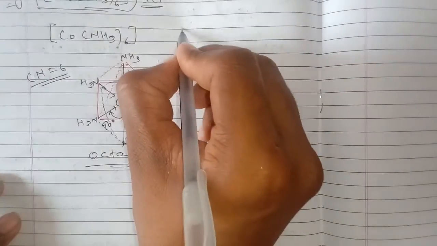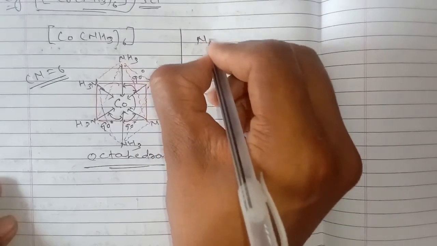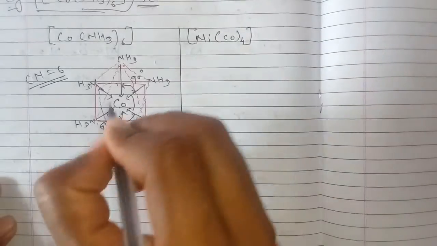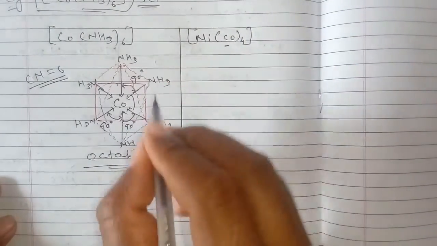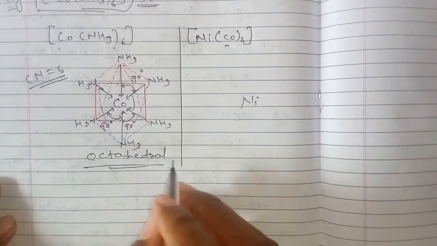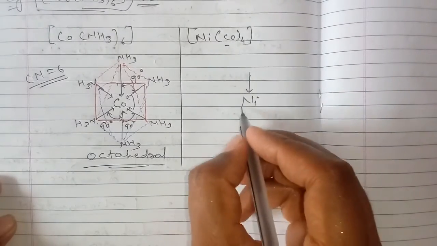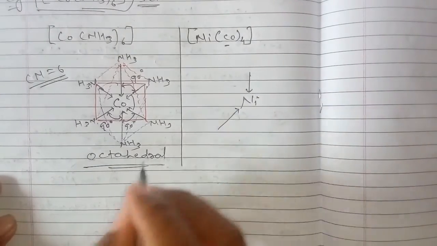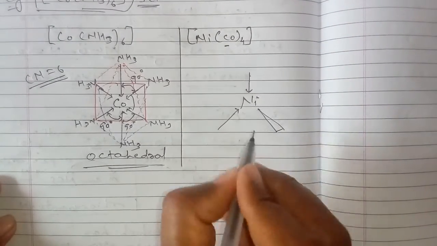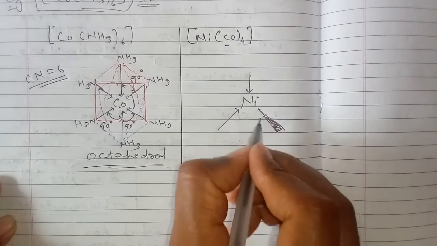Now another example is Ni(CO)4, nickel tetracarbonyl. Here the central metal atom is nickel, shown in a wedge structure.